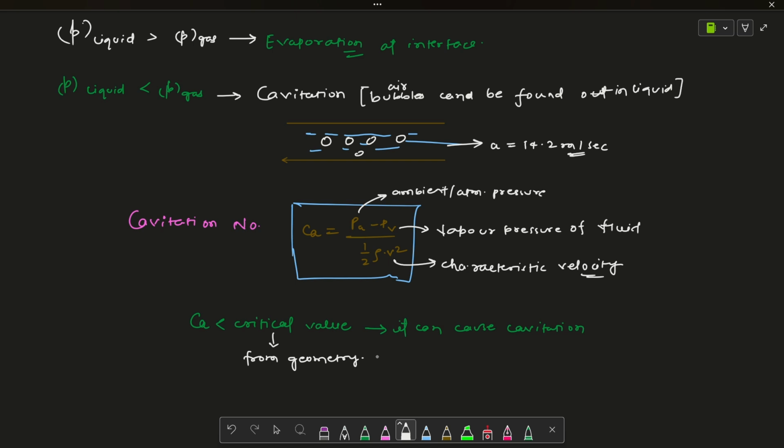If it's lesser than that, then the fluid begins to cavitate, and that cavitation in the pipe can collapse the pipe, or it can rapidly erode metallic surfaces and eventually destroy them. So this cavitation number is a very critical parameter to observe, okay.